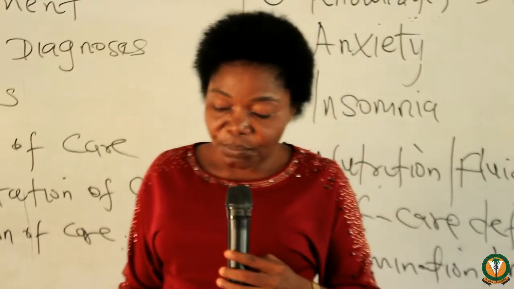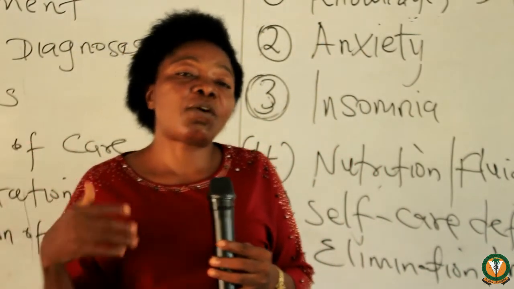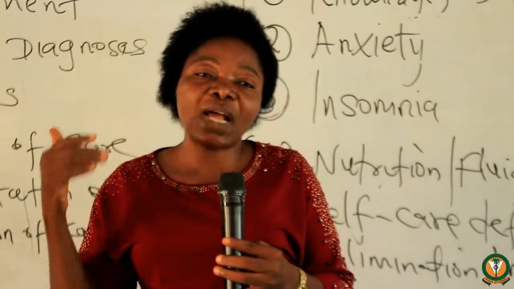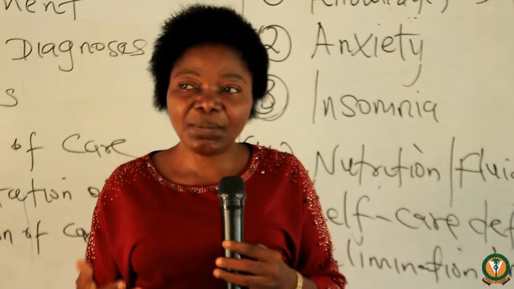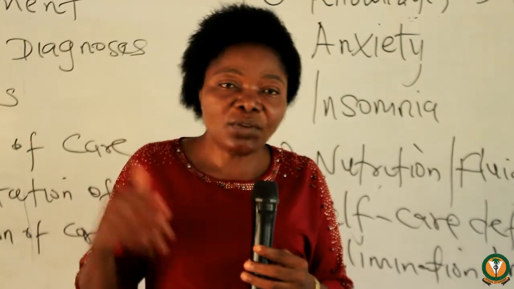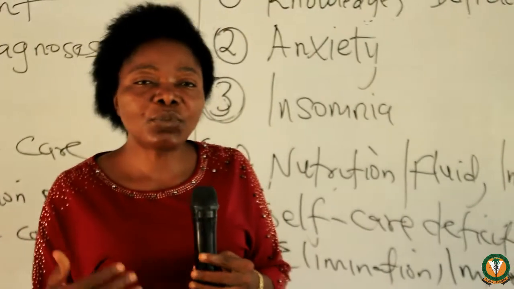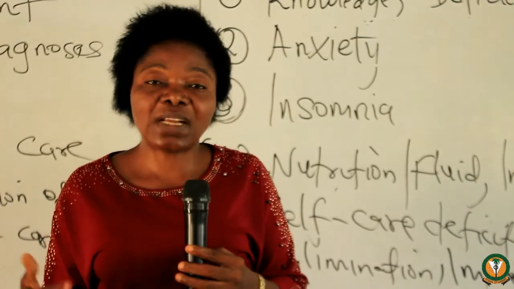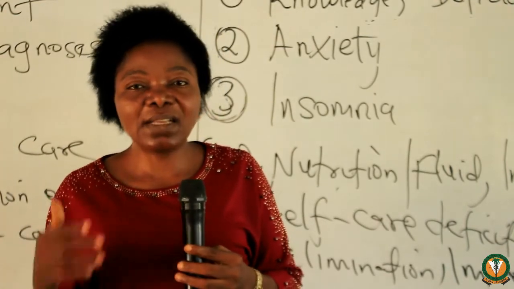So, immediate post-operative nursing care of the patient. When the patient recovers in the recovery room, they will send a message to the particular ward from which the patient came to theater, to come and take the patient. When you go to take over your patients, immediately you come to the recovery room or post-anesthetic care unit, call your patient by name to ascertain the level of consciousness.